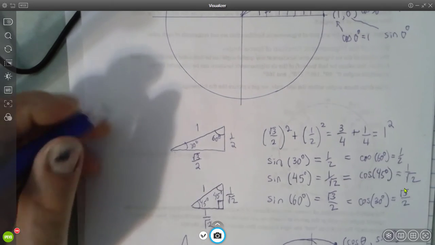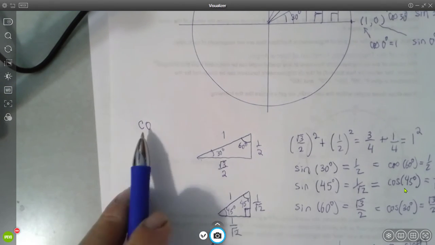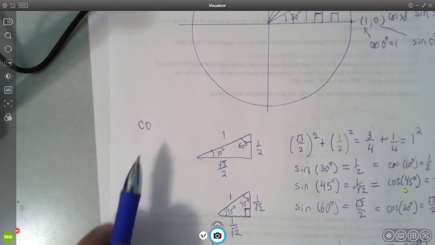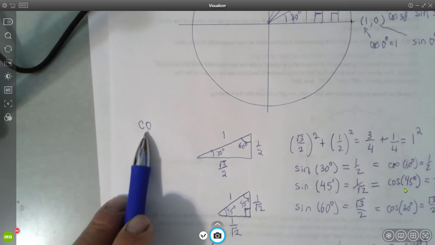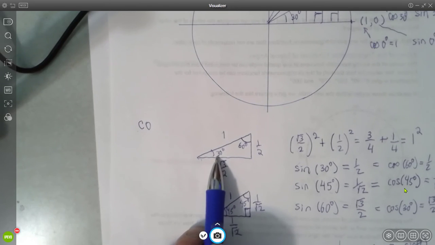That's where this comes from in the names cosine, cosecant, and cotangent. It means the complementary angle. It is 90 degrees minus the angle. So in other words, if you take the sine of 30, you'll get the same as the cosine of its complementary angle, 60.